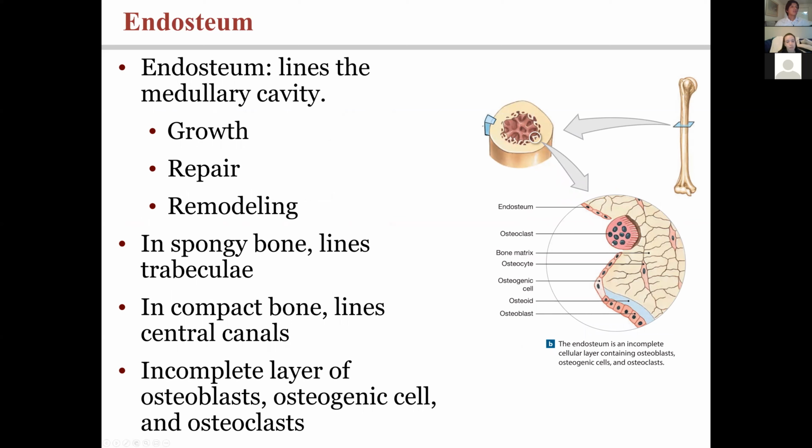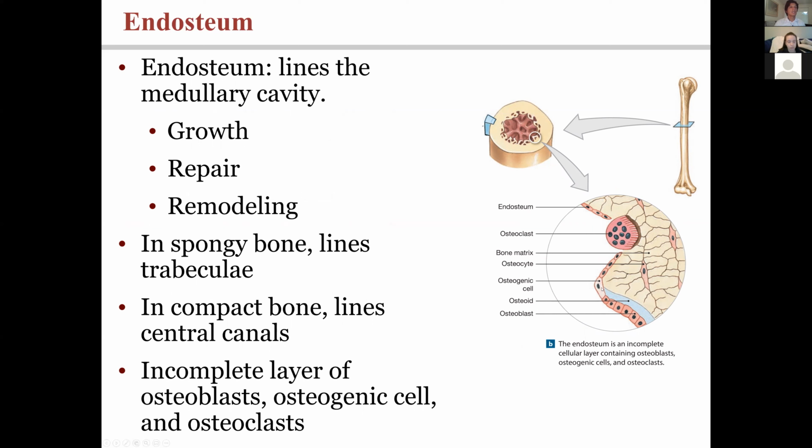So let's talk about the endosteum. Let's talk about this inner layer of bone facing the medullary cavity, this inner layer lining every single trabecula within spongy bone. Here you have this view of endosteum containing an osteoclast.